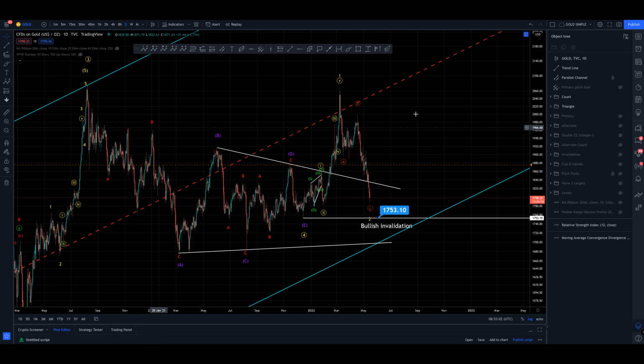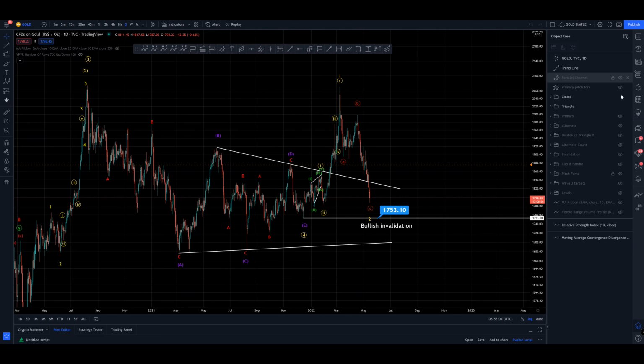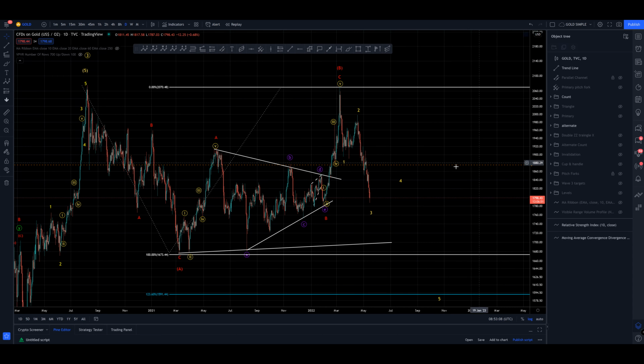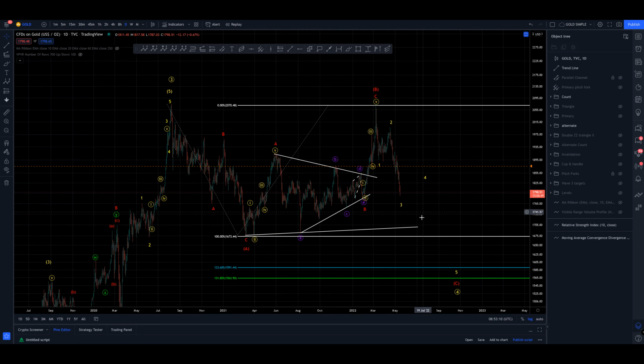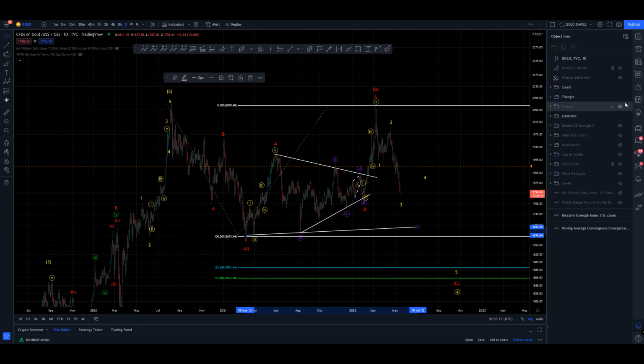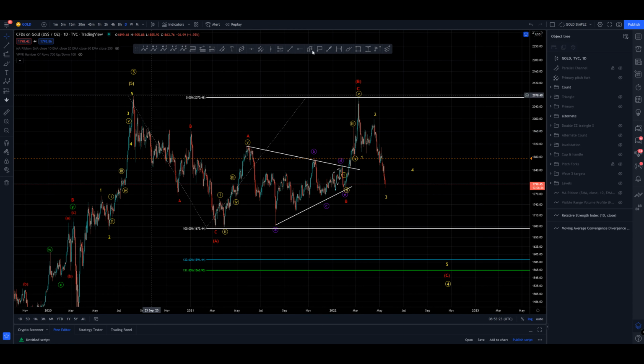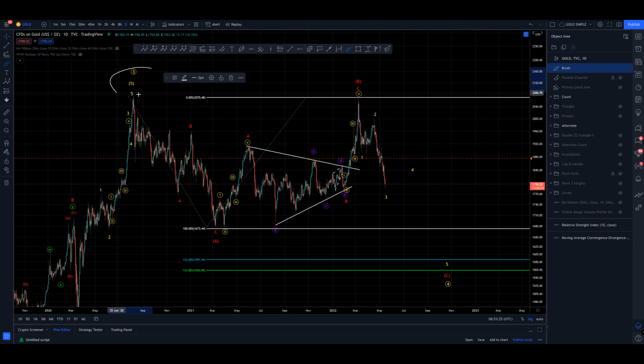So let's just assume for a moment that both of these bullish counts break down. What's our alternate? Well, the same thing it's been for a long time, which is a flat pattern. Let's put these trend lines. Belongs in the triangle count? Yes, it does. Let's turn. Here's the alternate. So 3 is in the same place.